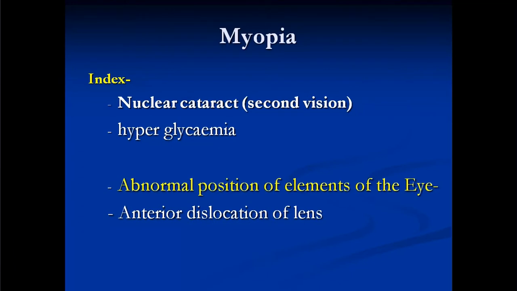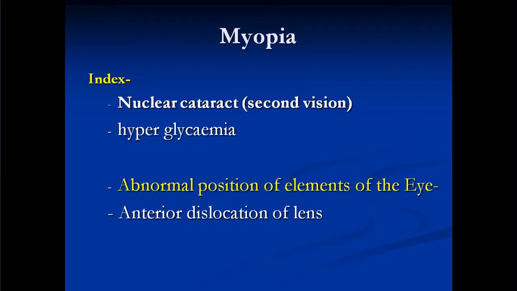The next one is index, that is the refractive index. Whenever there is a change in the refractive index of the media, whether it is lens or vitreous, it results in myopia. So it can be because of the nuclear cataract, wherein the refractive index is increased.